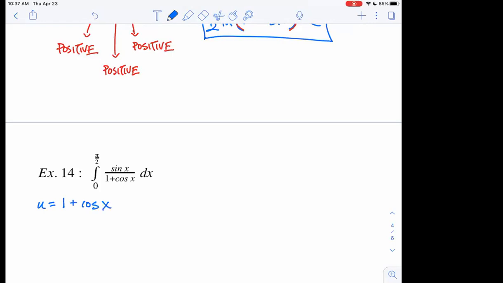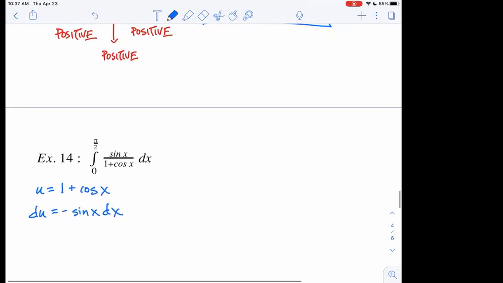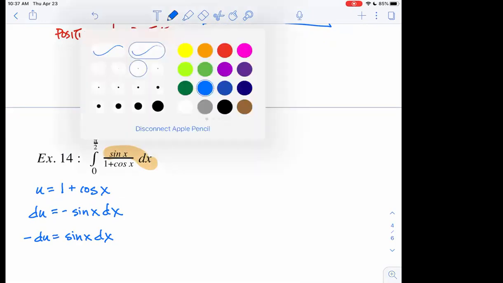So in this case, I'm going to pick 1 plus cosine x. And that would leave me with my du being negative sine x dx. And I'm going to divide that negative to the other side because I see that I have a sine x dx, not a negative sine x dx.